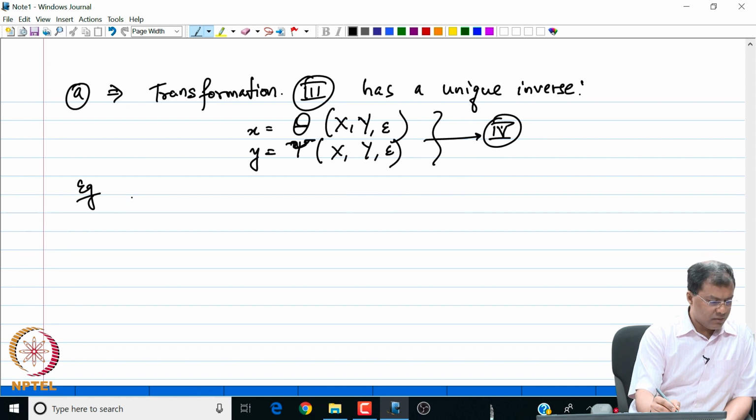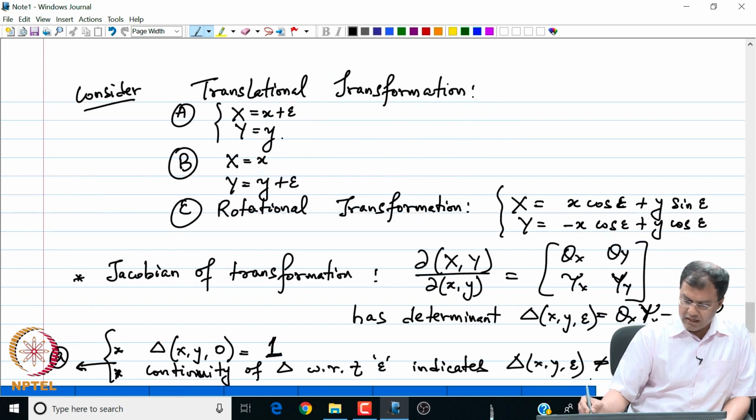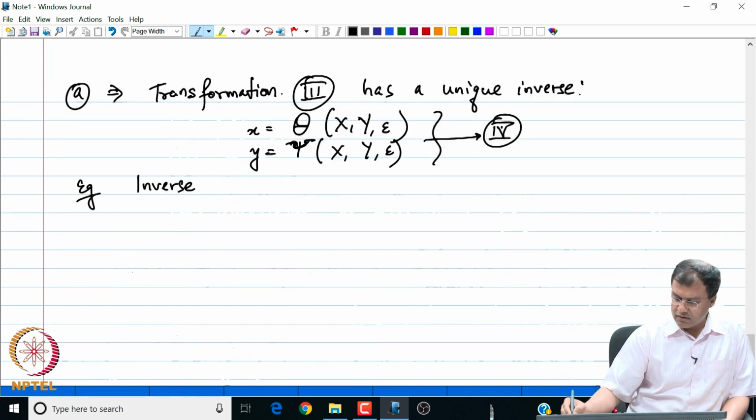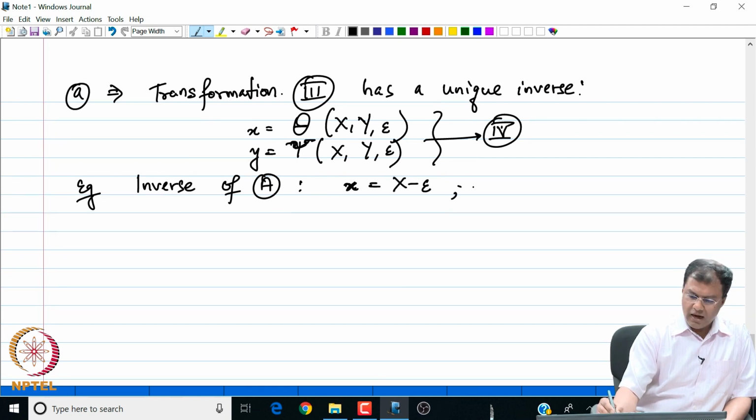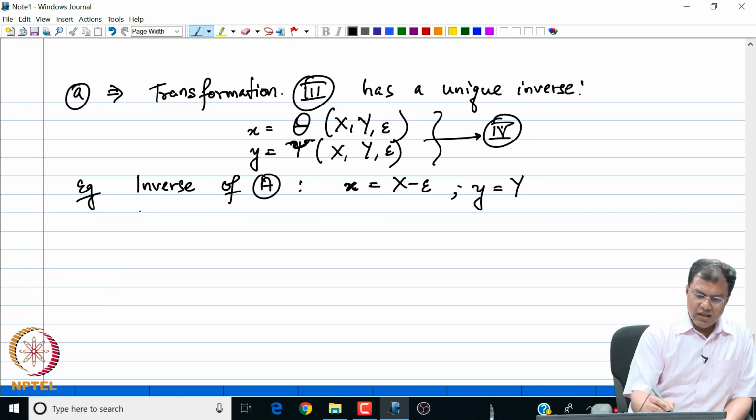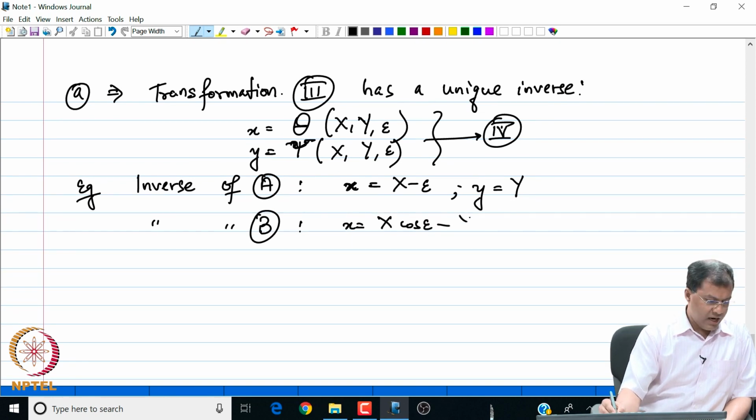The inverse of the transformation that we stated here, look at this A and B: the inverse of A is given by x equals capital X minus epsilon, and y equals capital Y. The inverse of B is given by x equals X cos epsilon minus Y sin epsilon, y equals X sin epsilon plus Y cos epsilon.